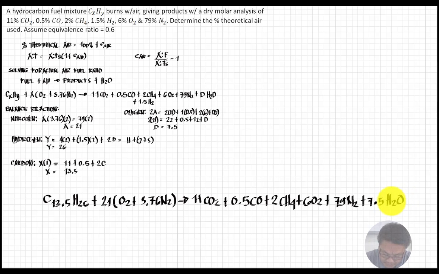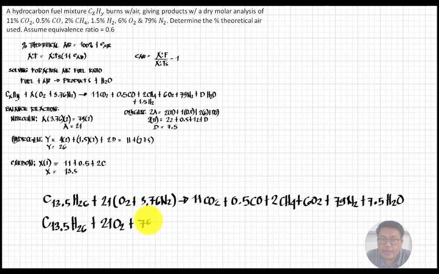Okay, then we can further expand our equation, or we can further rewrite this one as C13.5, then we have H26. So let's distribute this on 21. So that will be 21 times your O2 plus 3.76, so that will be 78.96.